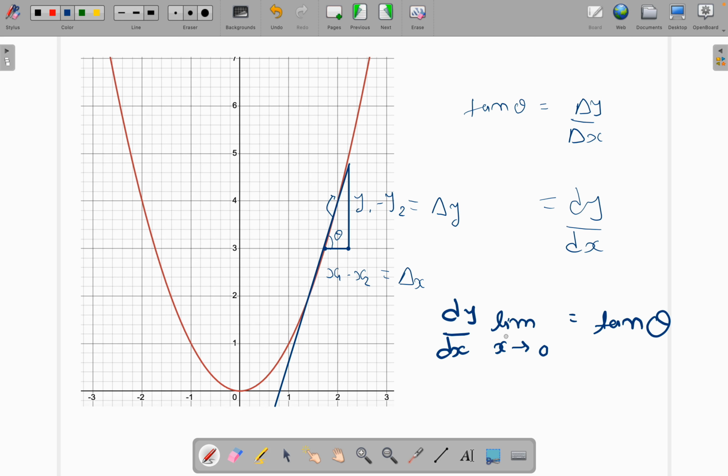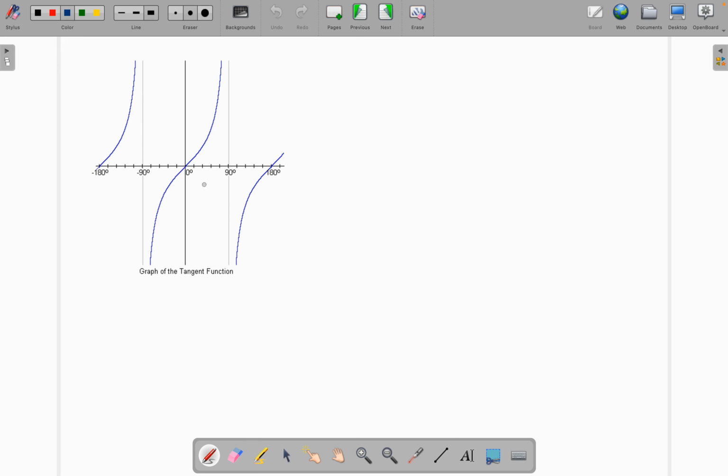So now let's see what tan theta is, and what values tan theta can have. If I go to the next slide, this is the graph of tan theta. Here you can see that if theta is less than 90 and greater than 0, the value would be positive. From 0 to 90, tan theta is increasing, and its value will be positive.